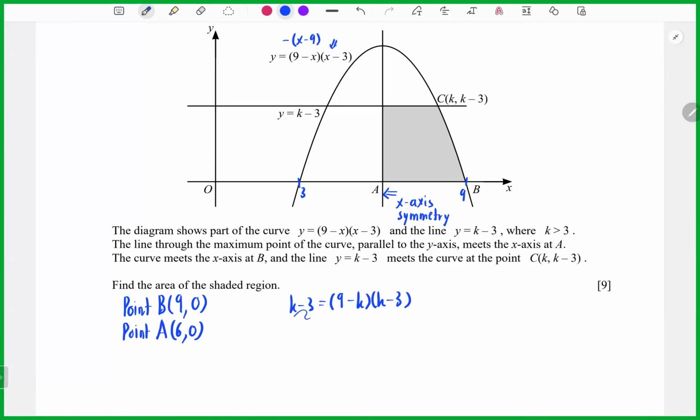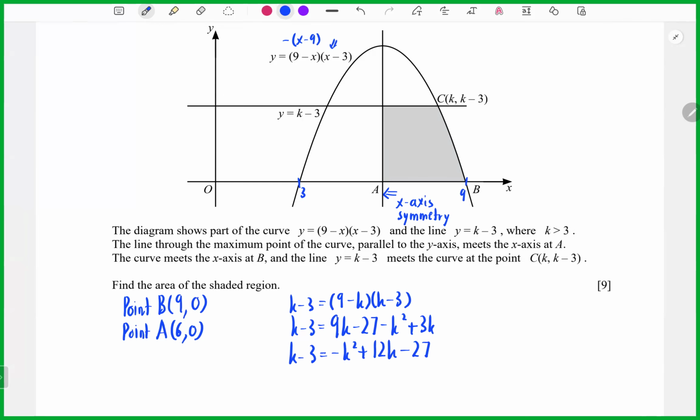So now you can take k minus 3 equals 9k minus 27 minus k squared plus 3k. Now we have expanded, so we need to arrange. So k minus 3 equals negative k squared plus 12k minus 27.